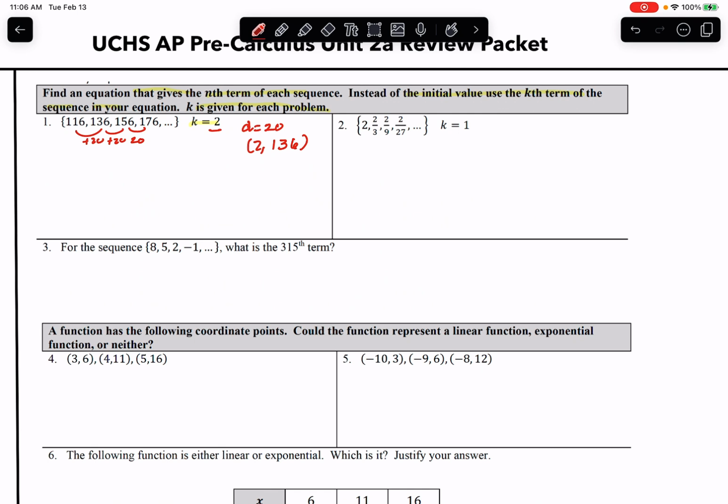So that means that a of 2 equals 136, and we can use that to write our formula. So a sub n is equal to 136 plus d times n minus 2. Okay, and that's just knowing that formula.